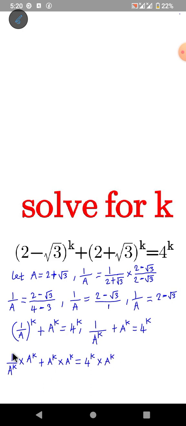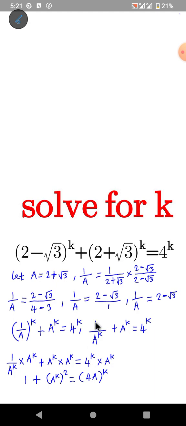Then we'll continue. 1 over a raised to the power of k times a raised to the power of k will give us 1. Then plus a raised to the power of k times a raised to the power of k gives me a raised to the power of k, squared, all equal to 4a raised to the power of k, because they have the same power.